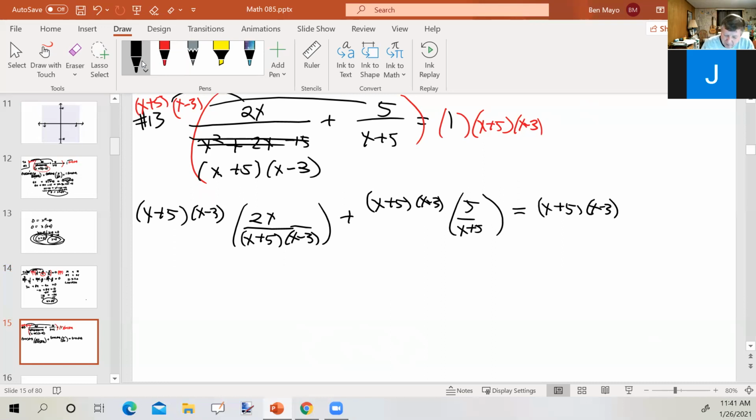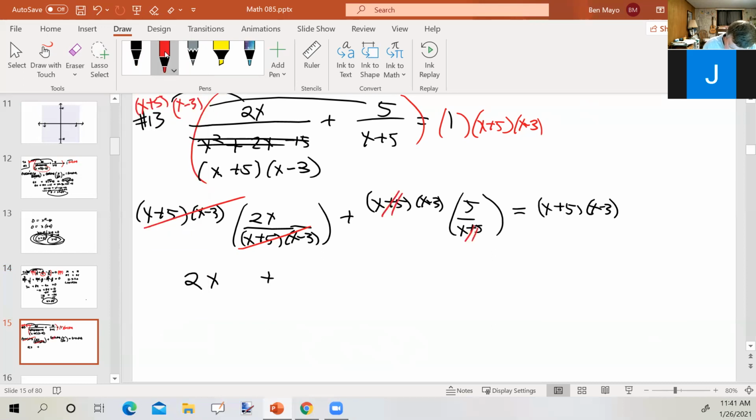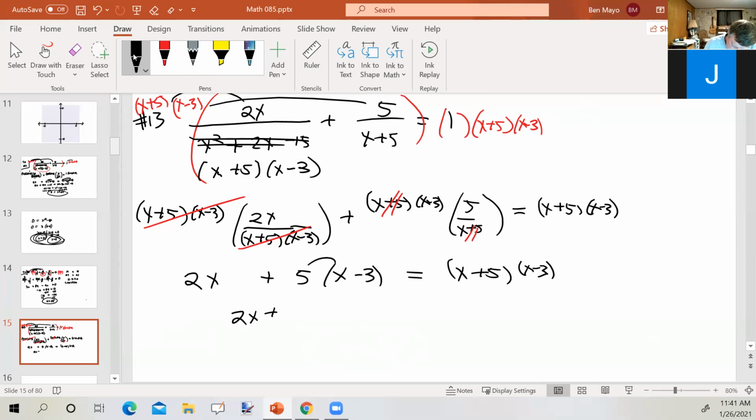Going across and simplifying each product, those are going to reduce out. I'm going to have 2x plus, these are going to reduce out, 5 times x minus 3, which is going to be x plus 5 times x minus 3. Continuing to simplify the left side, 2x plus 5x minus 15 equals x squared minus 3x plus 5x minus 15.